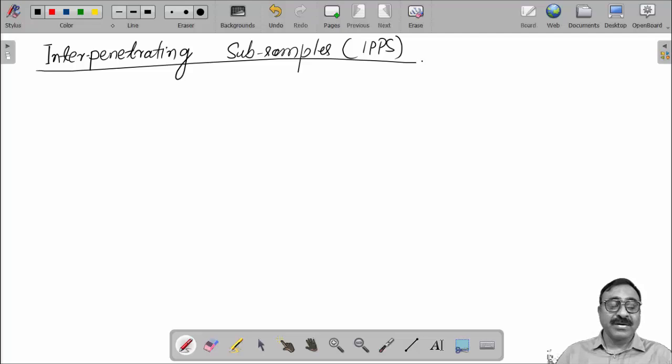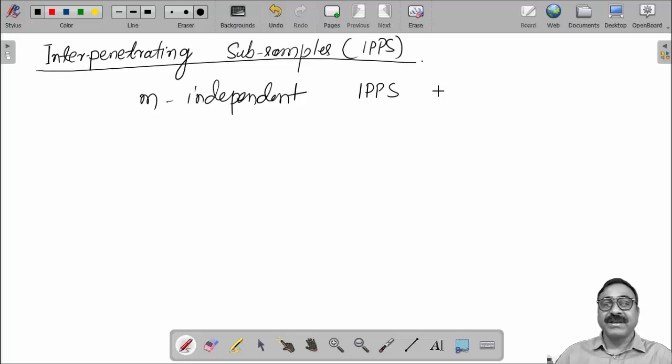So in this method of interpenetrating subsamples, a sample is drawn in the form of m independent interpenetrating subsamples of same size and according to some sampling design, we consider here the SRSWR. Maybe we can use other designs also.